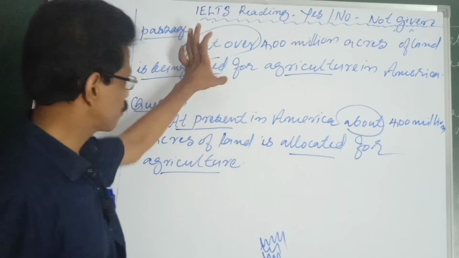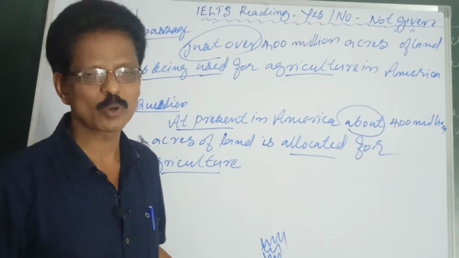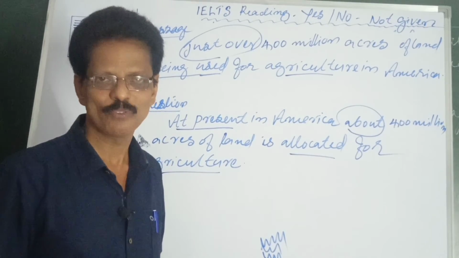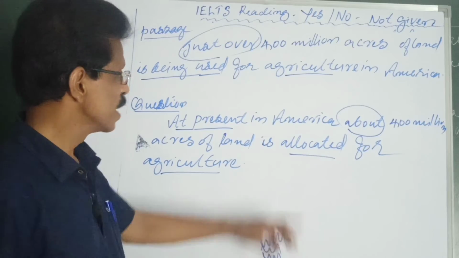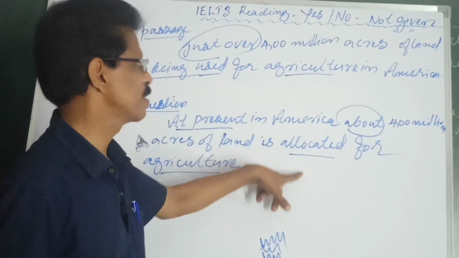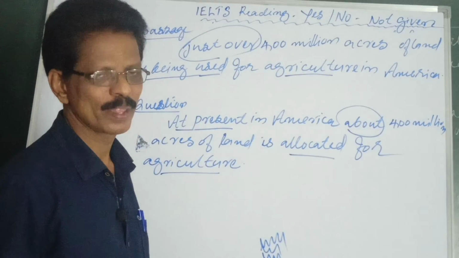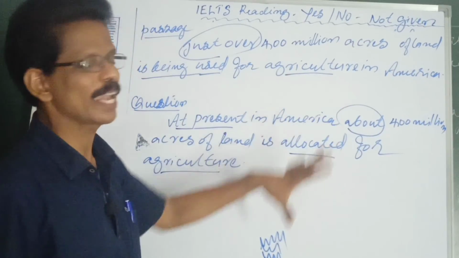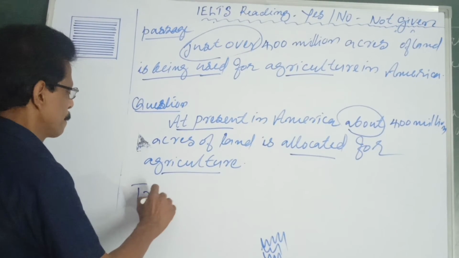So there are many pitfalls and dangers in these true or false questions and answers. Find out the exact meaning, then only you get the correct answer. So it is not false. You cannot say it is not given, and this is almost the same as what is given here. The meaning is the same. So the answer is true.